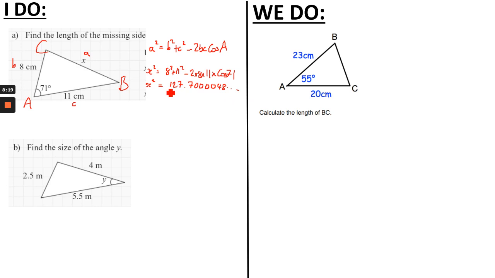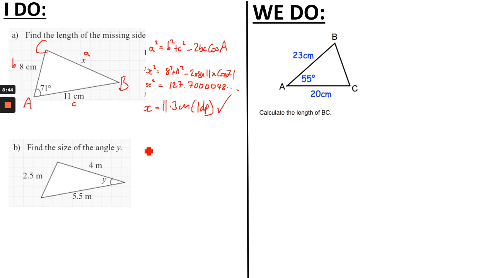Remember, we never round until the very last moment. If we square root both sides, I'm now going to round it. So it's going to be 11.3 centimeters to one decimal place. I'm just going to check 11.3. Does that length fit with the other sides that we've been given? Sounds about right.